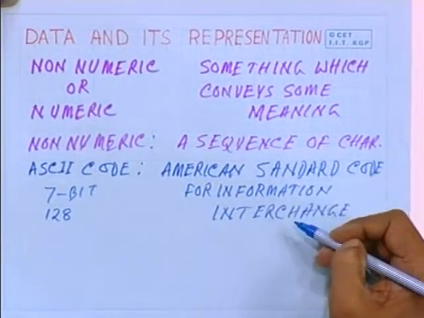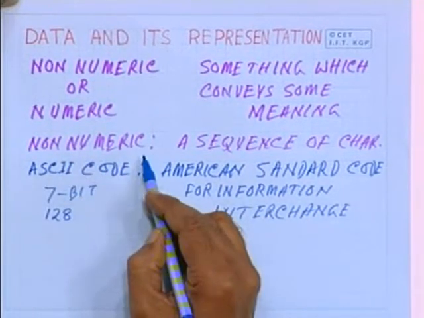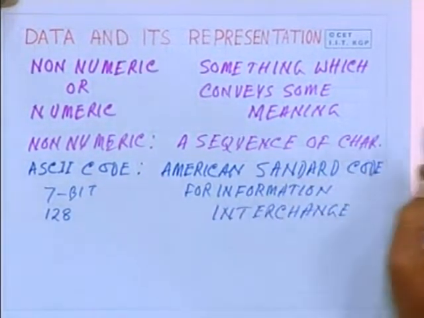Whenever you are storing some non-numeric data inside the processor, we use ASCII code, but usually most of the processing is done on numeric data. So, how the numbers are represented inside the processor, we have to understand.